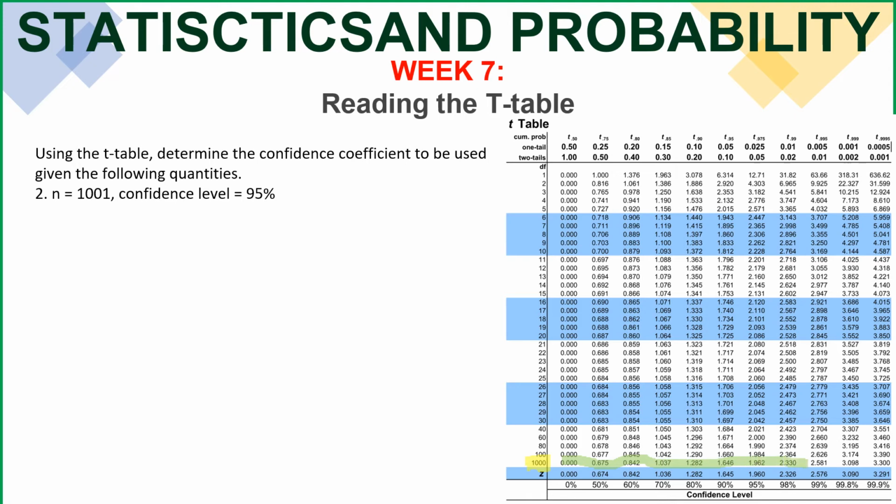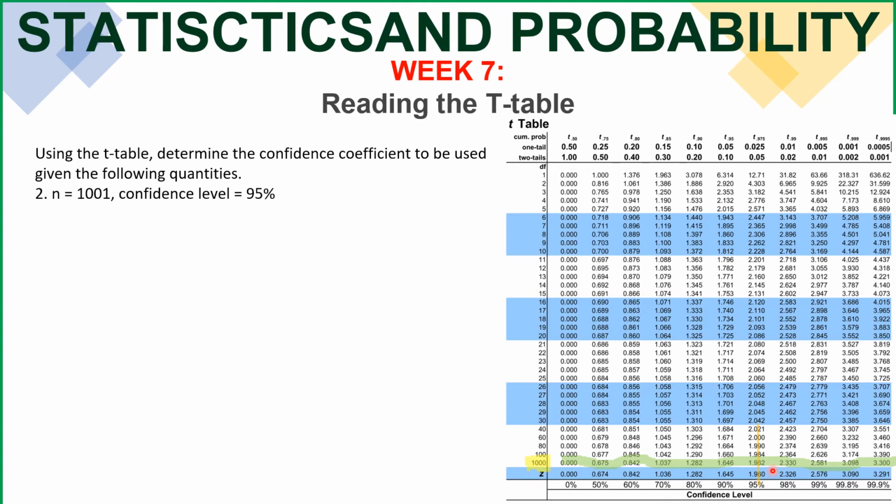Tapos, sabi dito, the confidence level is 95%. So, tignan natin yung confidence level na 95%, tapos, ano yung mga values na nag-intersect doon. So, tignan lang natin kung ano yung value na nag-intersect sa step 2 tsaka sa step 3.